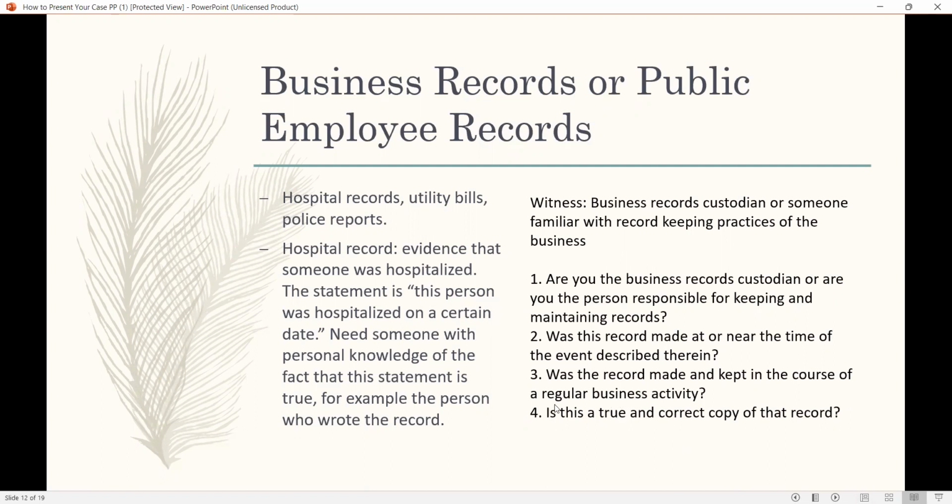That's very similar. The court wants to make sure that the record wasn't just prepared for the purpose of litigation. So it wasn't just made so that you can use it in court. It's something that this hospital does on a regular basis. They maintain these types of records, even if there may or may not be litigation.